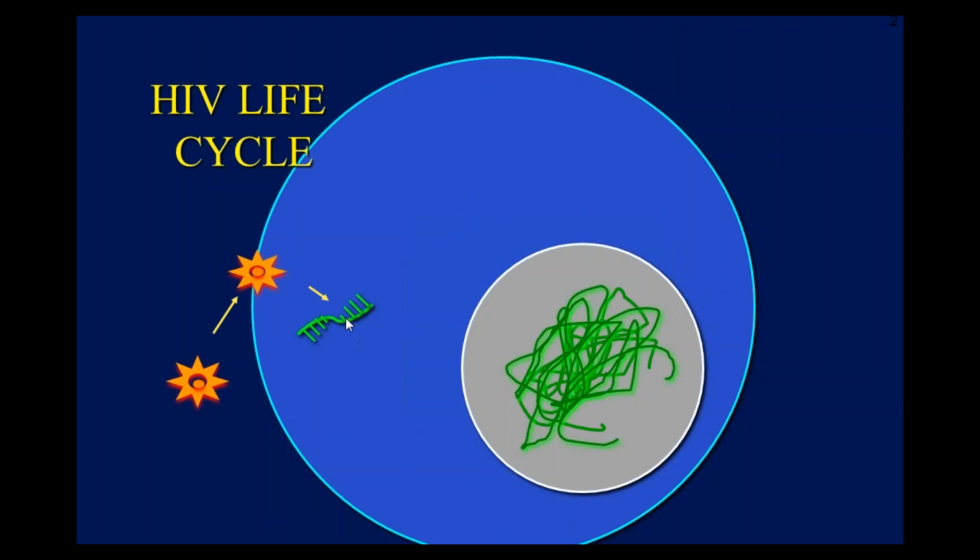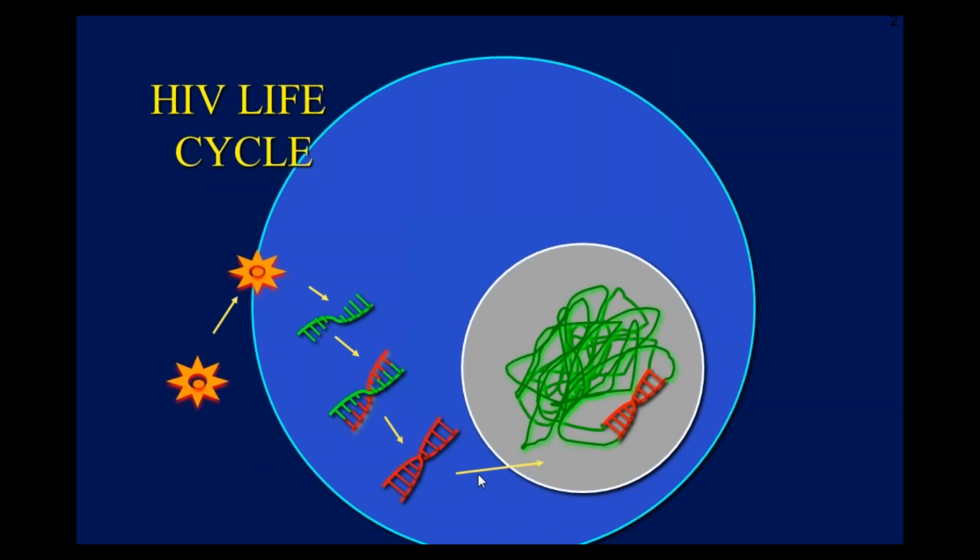All right, so here we have the RNA, and then what happens is an HIV-encoded DNA polymerase, which we call reverse transcriptase, converts that RNA into a single strand of DNA, which then goes back and makes a double strand of DNA.